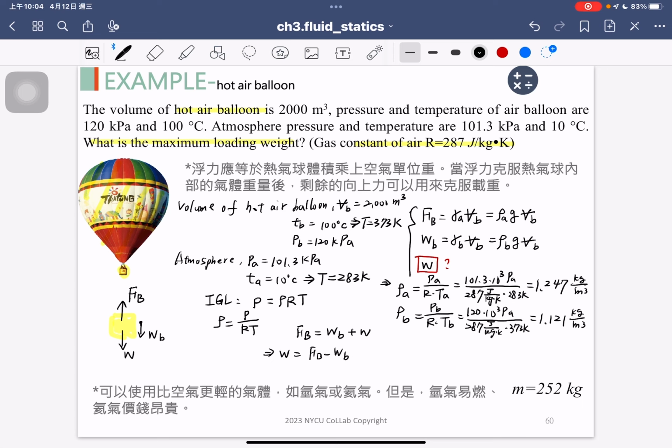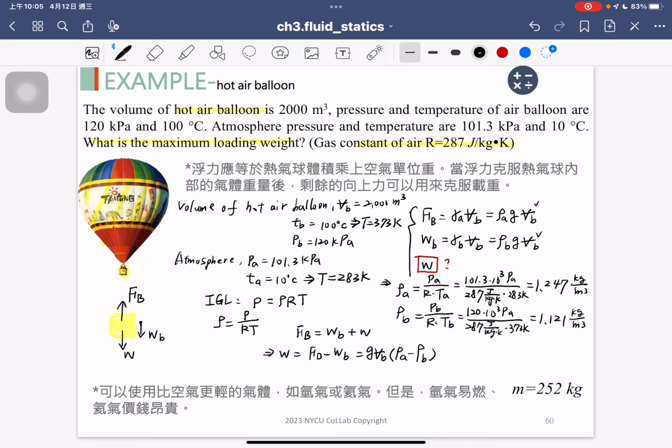We know that FB is gamma G, rho A g VB in here, and rho B g VB in here. We know that g and VB are the same, so the inside is rho A minus rho B.